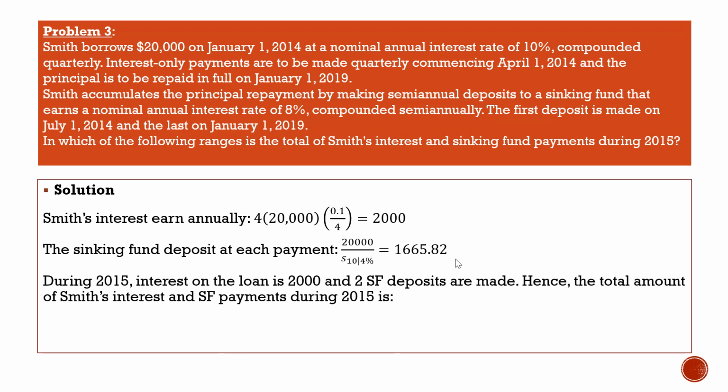During the year 2015, the interest paid to the lender is 2,000. And 2 SF deposits are made because a year has 2 half years. Hence, the total amount of Smith's interest and SF payments during 2015 is 2,000 plus 2 times 1,665.82, and we get 5,331.64.